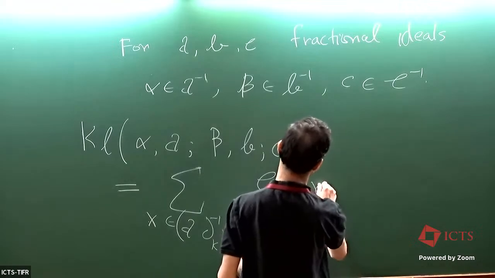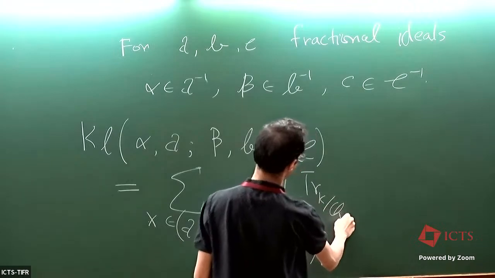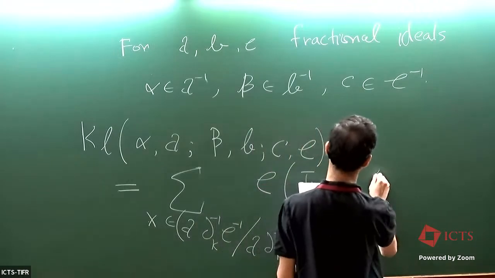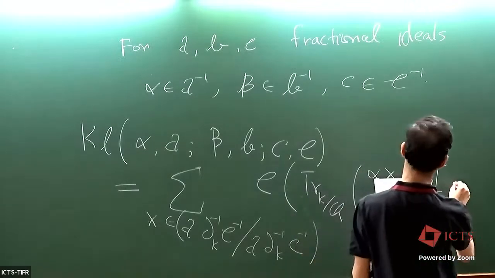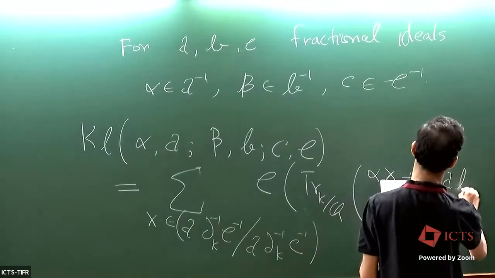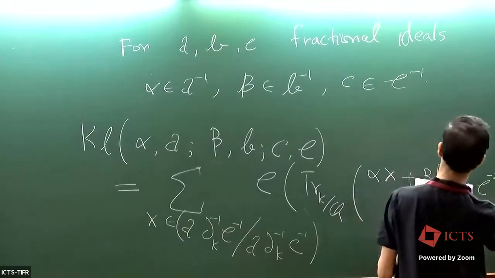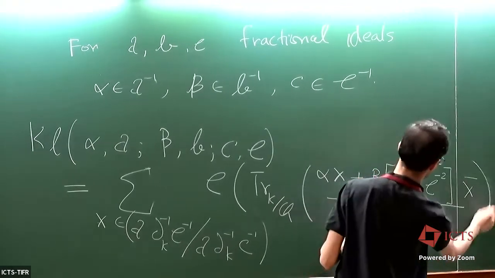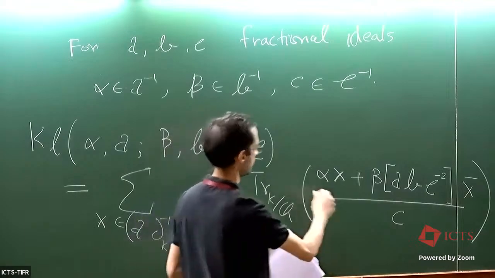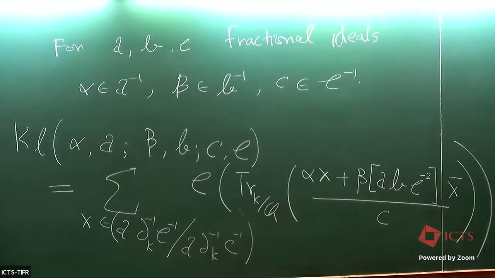It's e to the 2 pi i of the field trace of this particular thing, which is alpha x plus beta, and a class representative of A, times c to the negative 2 x bar over c. And so this is what your Kloosterman sum looks like over totally real number fields.